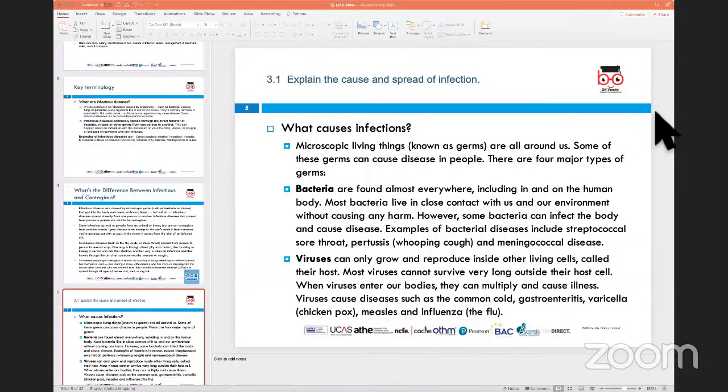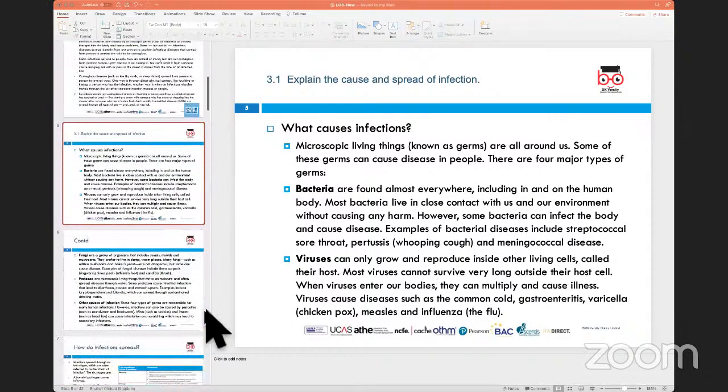Now, if we have cirrhosis, which is your skin becoming porous and cracking up, and it then spreads to other parts of the body in a particular person, then that would be termed as an infection. And that is generally caused by the growth of some sort of microorganisms, or some sort of infection that your body or your skin has caught.